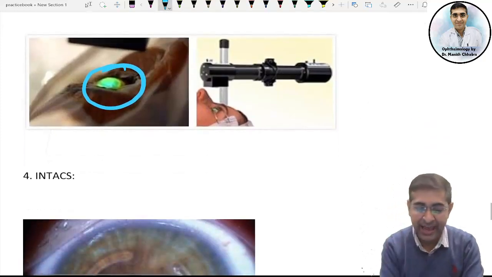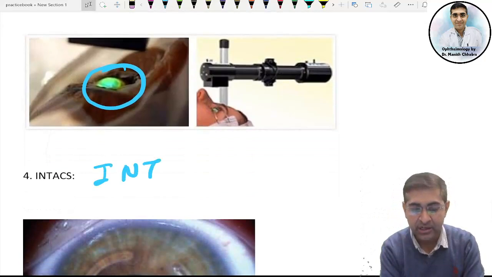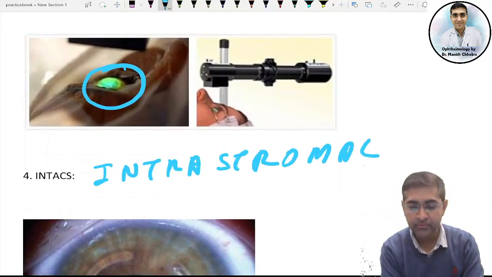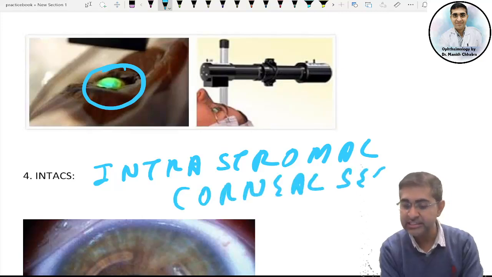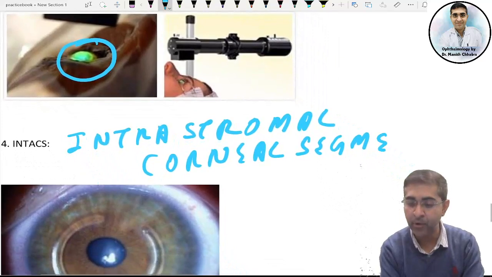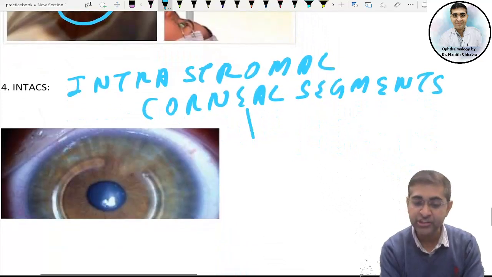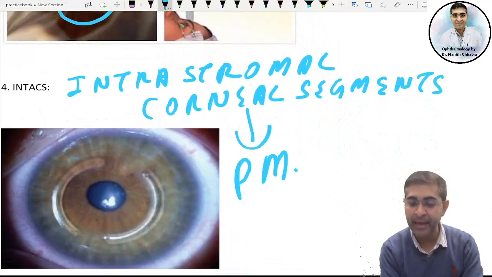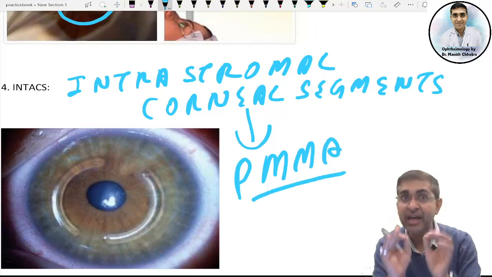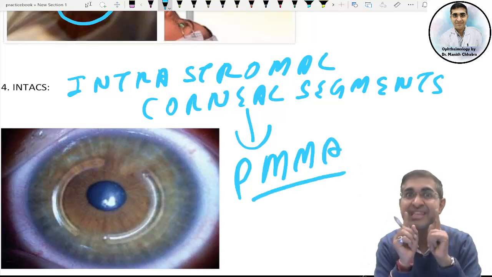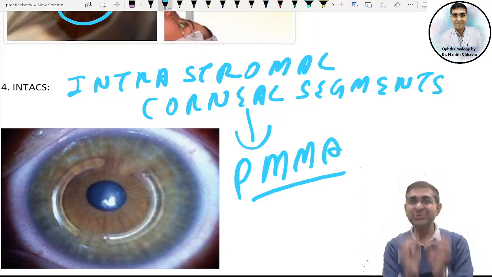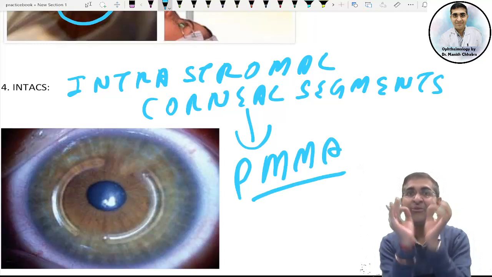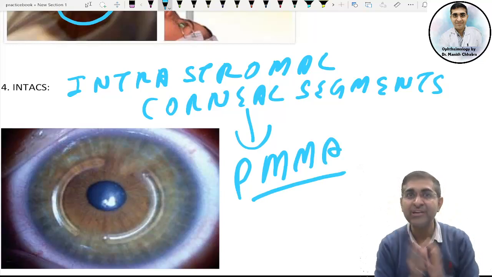Now what is Intacs? Intacs are intrastromal corneal segments. These segments are made up of a special material which is PMMA, polymethyl methacrylate. Yes, this is the same material which is used in non-foldable intraocular lenses.